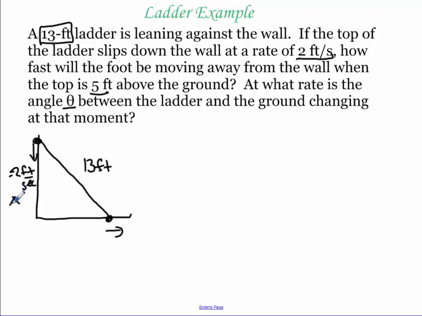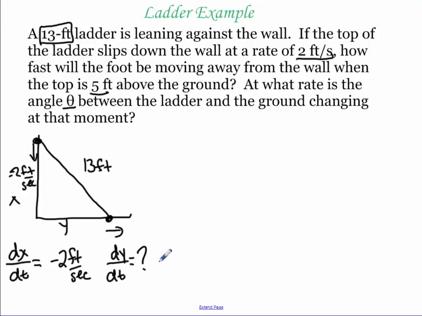I named this guy X, I named this guy Y. So dx/dt is equal to -2 feet per second. I'm looking for dy/dt when x equals 5.